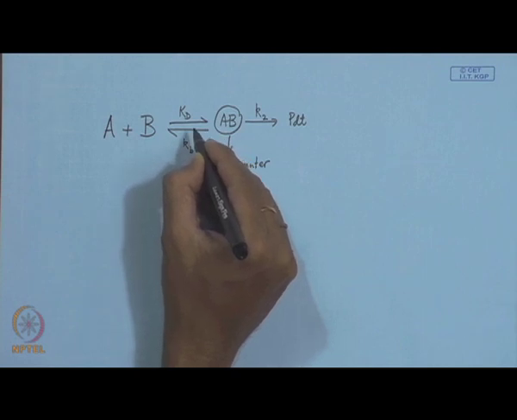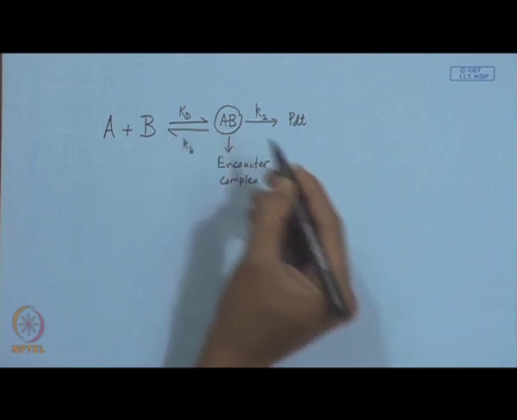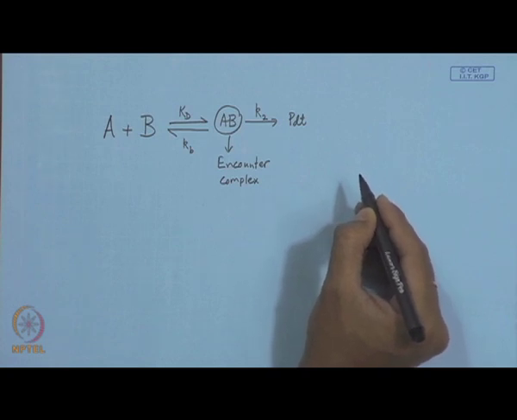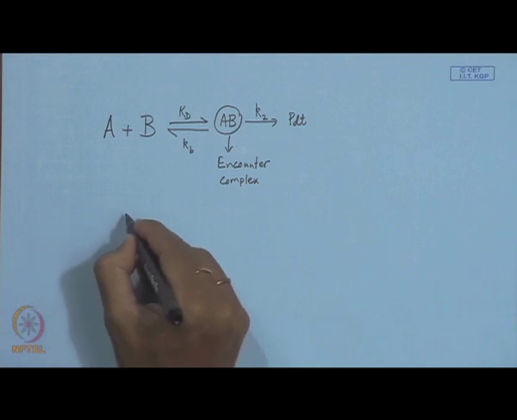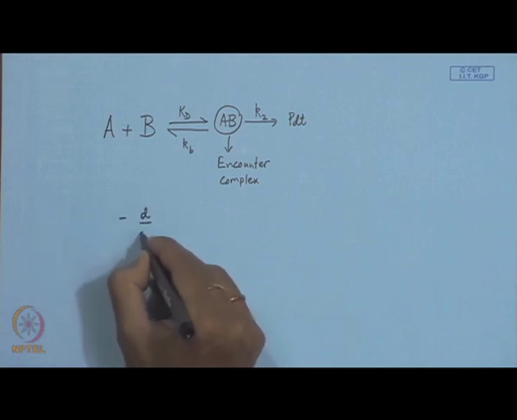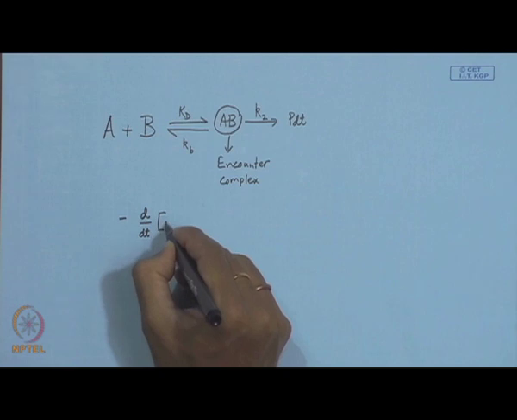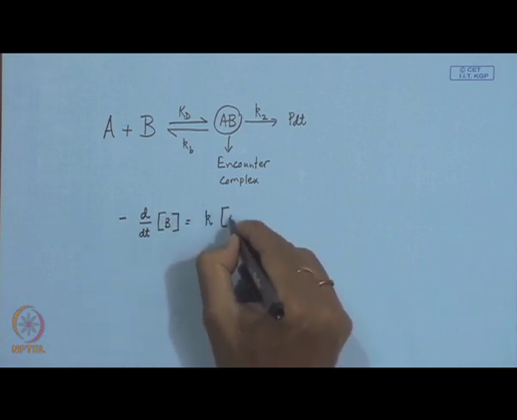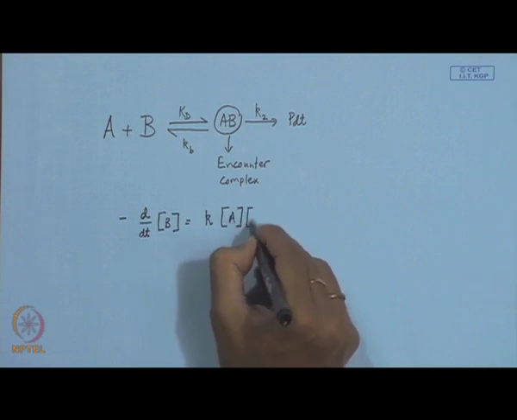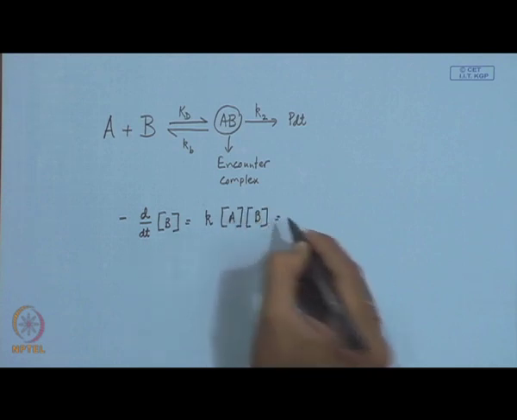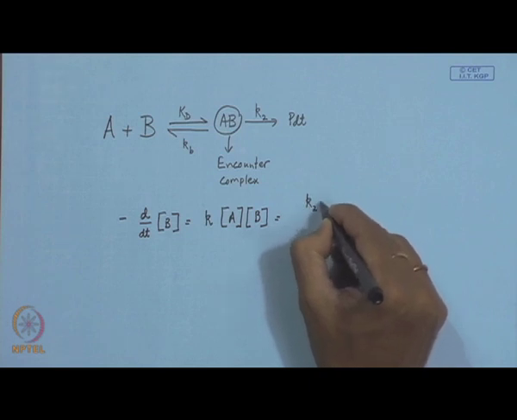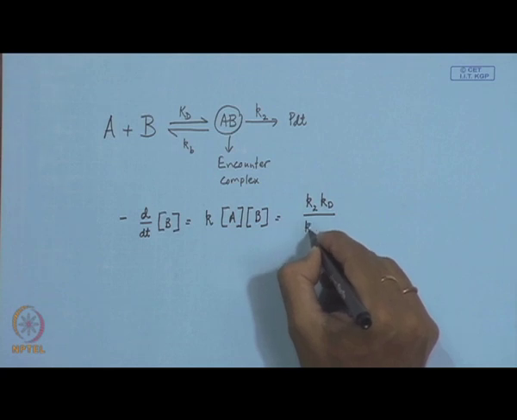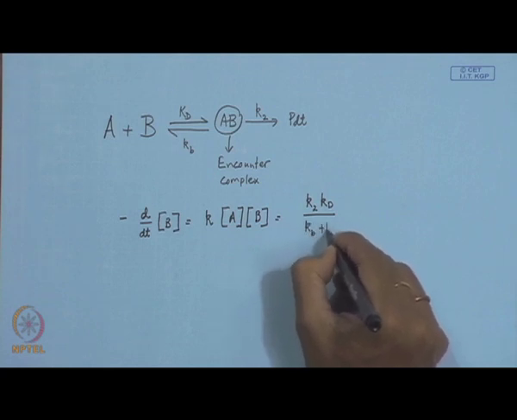And if you apply a steady state treatment, then you end up with this rate law: minus d[B]/dt is equal to k[A][B], where k is equal to K2 Kd divided by (Kb plus K2).